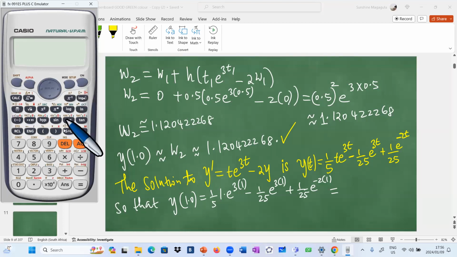Doesn't matter. 1 divided by 5, a bit like this. And then you have e to the 3. Then now you have the minus.